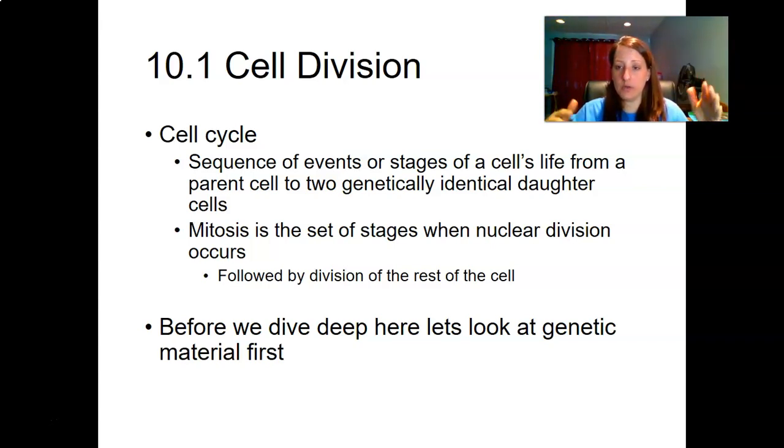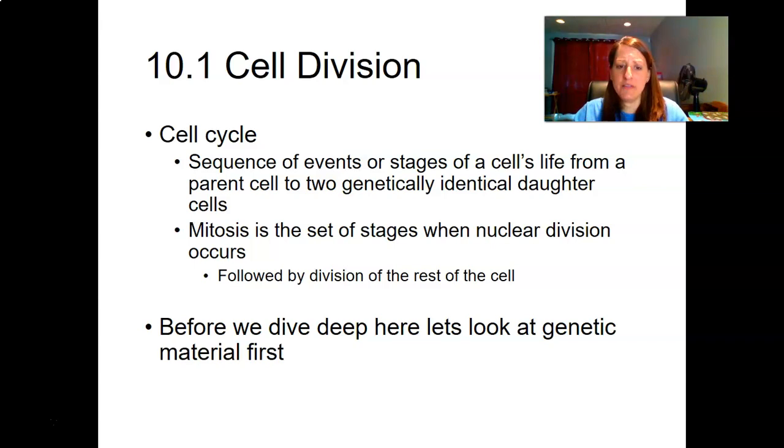So the cell cycle, we're going to go from one cell, which we're going to call the parent, and that cell is going to divide into 2 daughter cells. I'm not sure why we call them daughters and not sons, but we do. Those 2 daughter cells are going to be identical to each other. They're going to have exactly the same genetic information, the same number and types of chromosomes. It's pretty much like cloning, right? You go from one parent to 2 cells in the end that are going to be identical to each other. They are clones of each other.